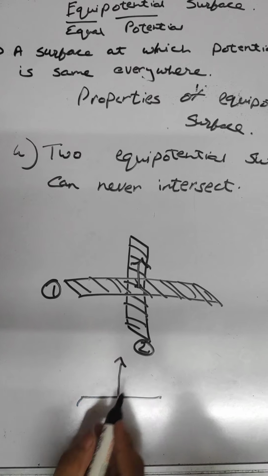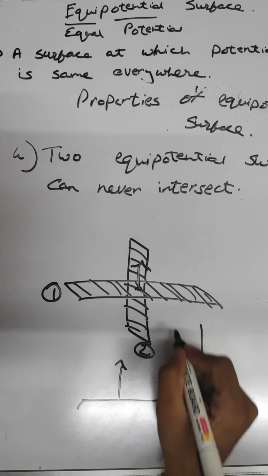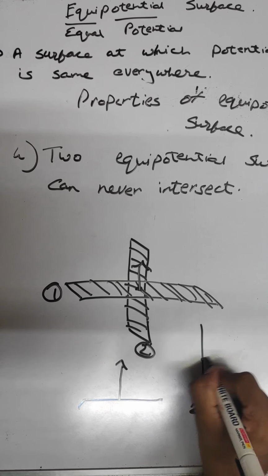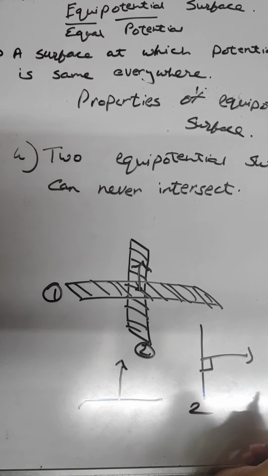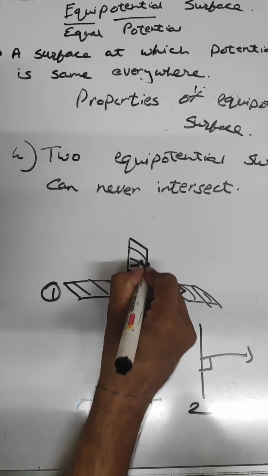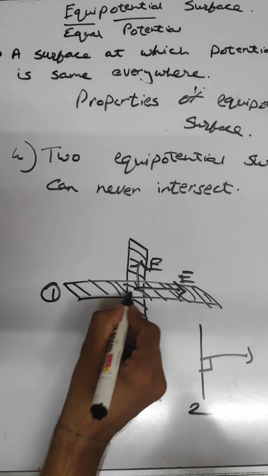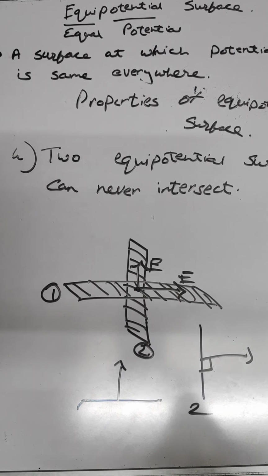For the vertical plate, that is 2, the direction will be this, because it needs to be perpendicular. So what is happening over here is that at this point we are having two directions of electric field.